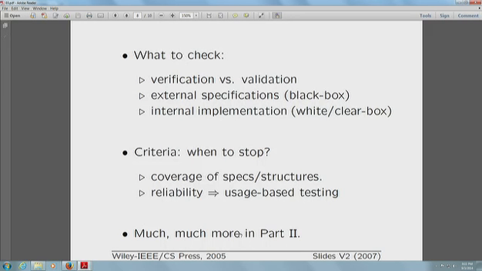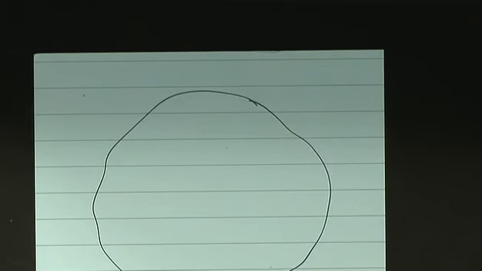We mentioned partitions. You cannot test everything, so you divide the whole overall input space into different partitions. Say this is my input space, and there are many points in this space. Think of all the numbers in this input space, say a two-dimensional space with x and y.